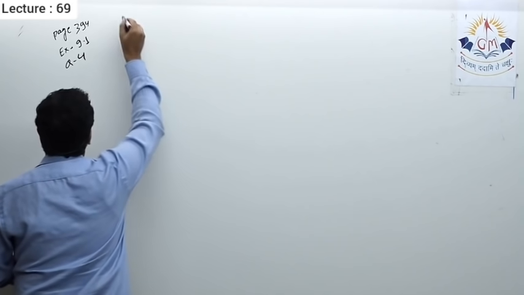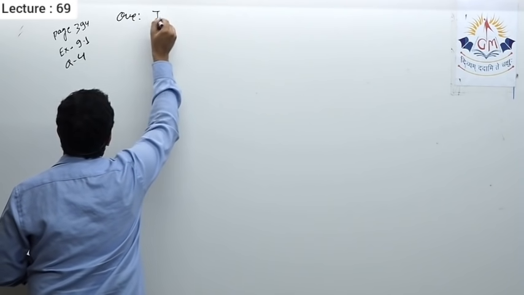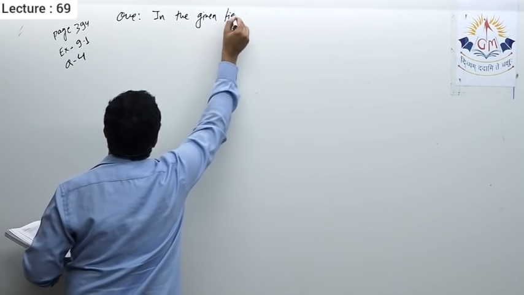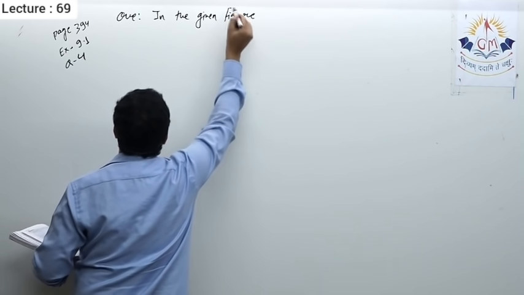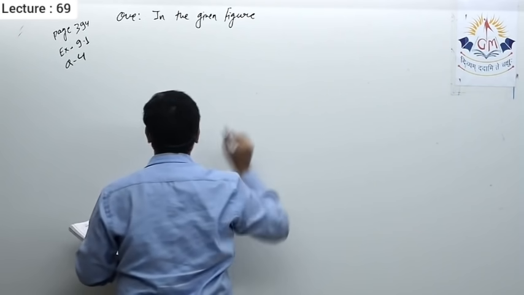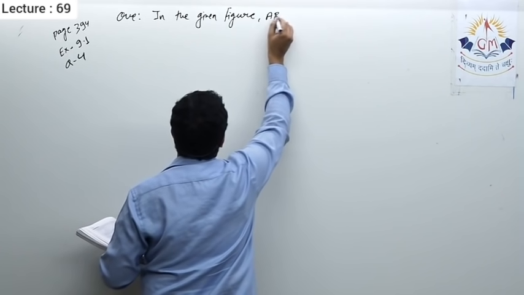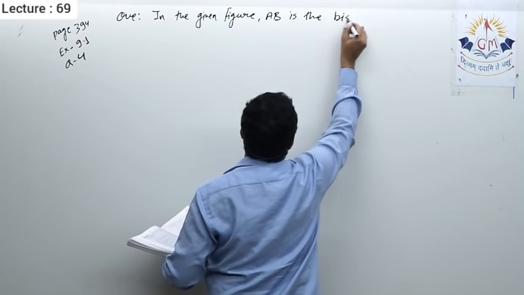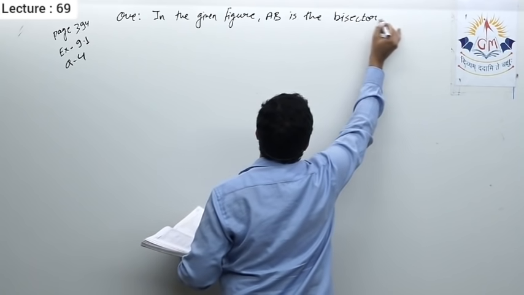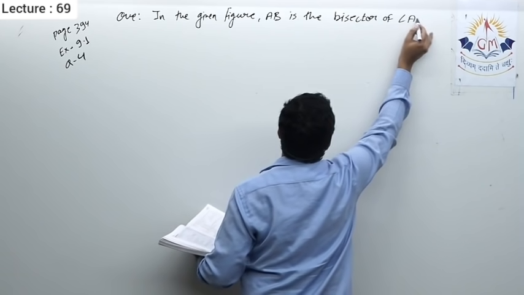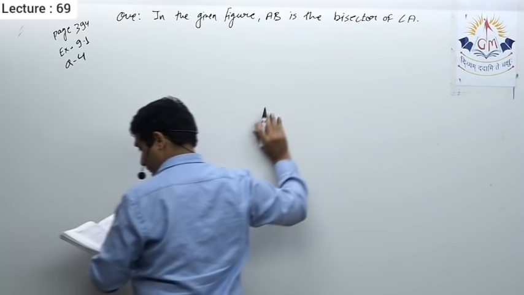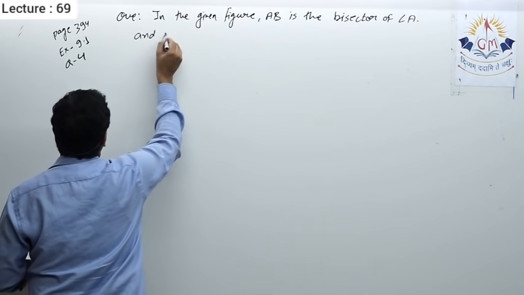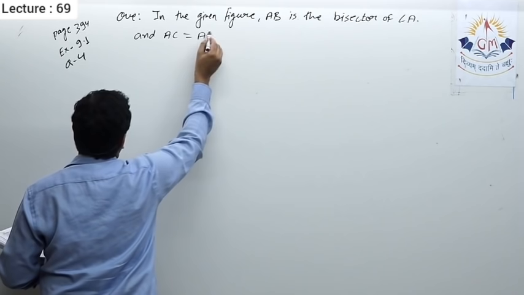In the given figure, AB is the bisector of angle A, and AC is equal to AD.